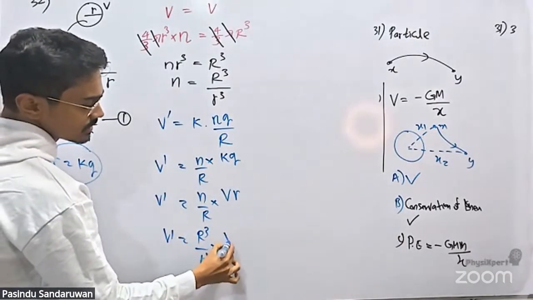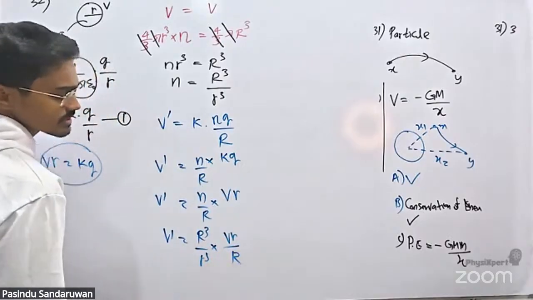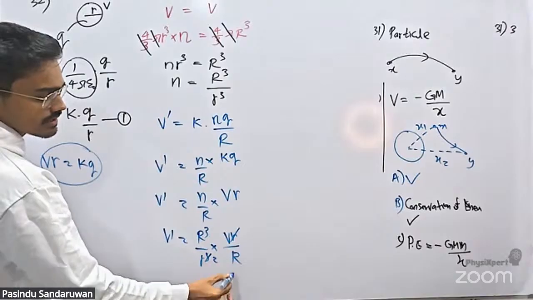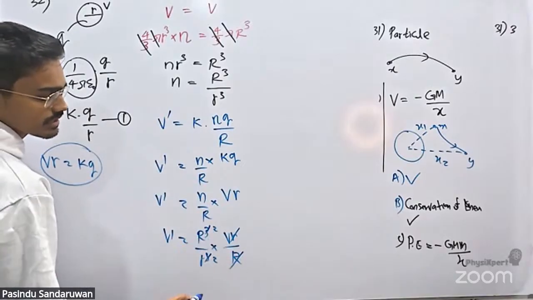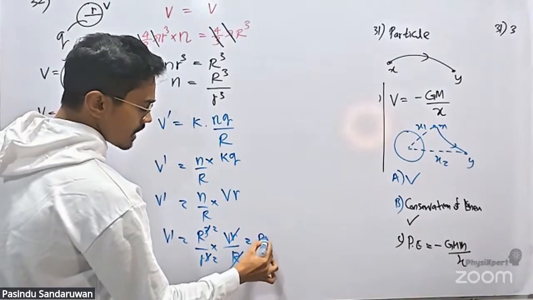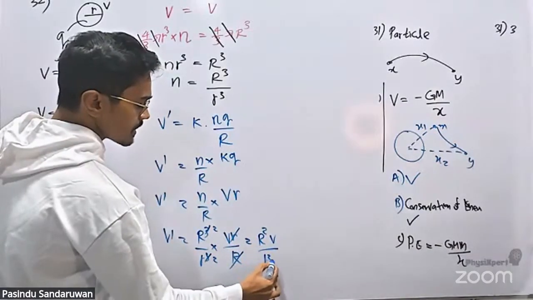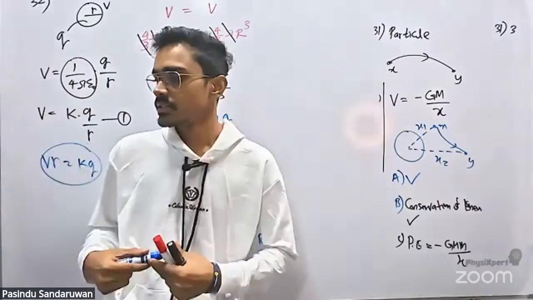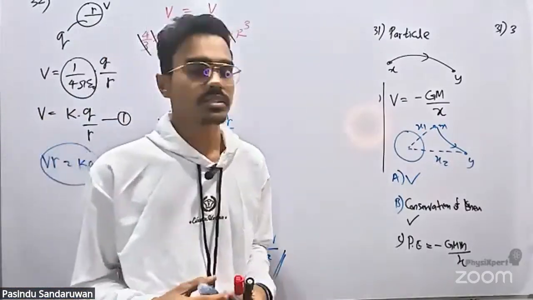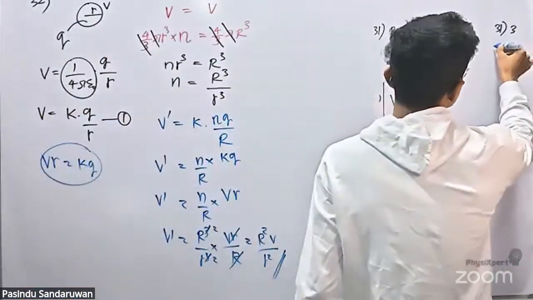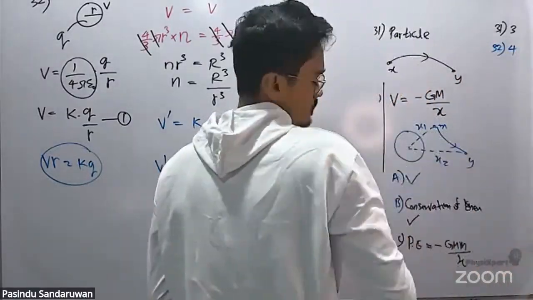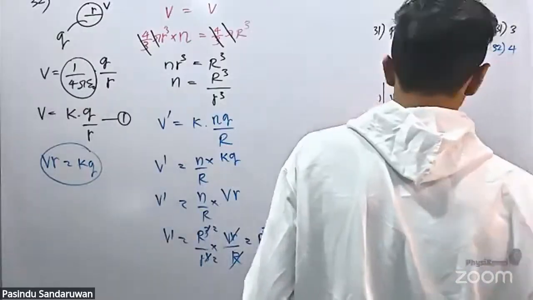One r cancels, so this is capital R squared V over small r squared. Answer 4. For 32, answer 4.